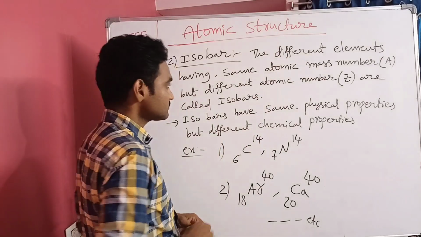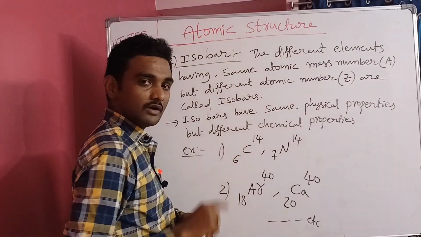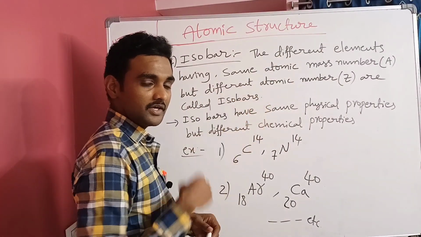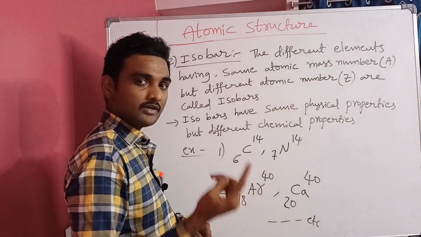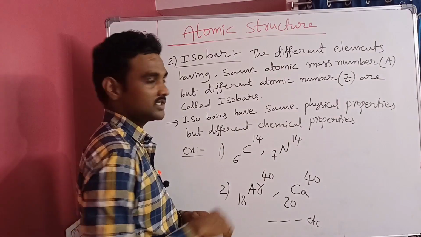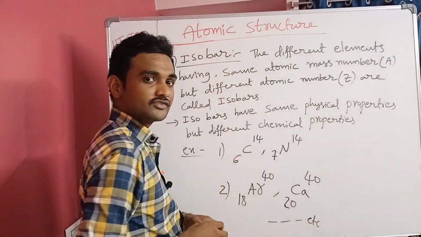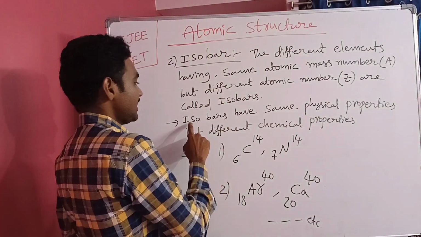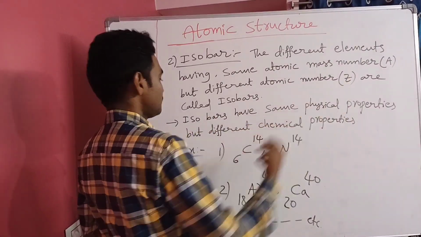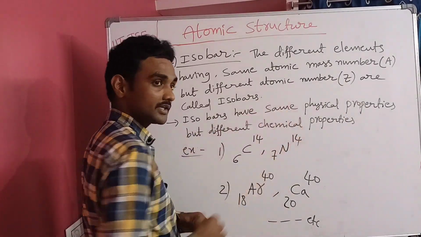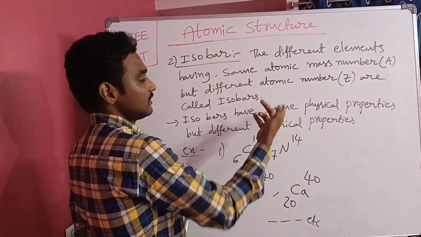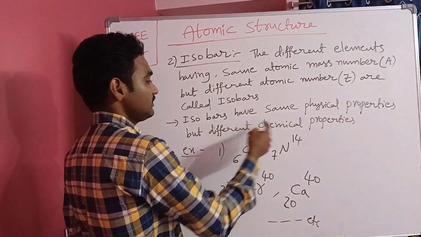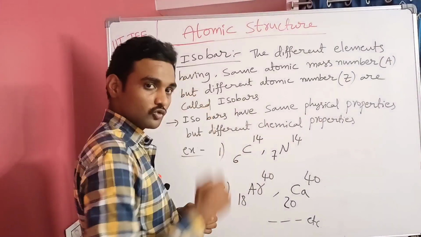Remember, in isotopes, same Z but different A. Here, same A but different Z. That is the main difference between isotope and isobar. Next, isobars have the same physical properties but different chemical properties. But in the case of isotopes, it is the reverse: same chemical properties, different physical properties.